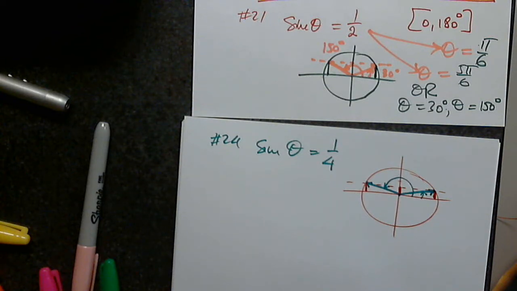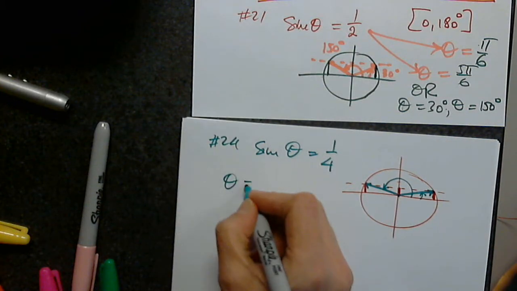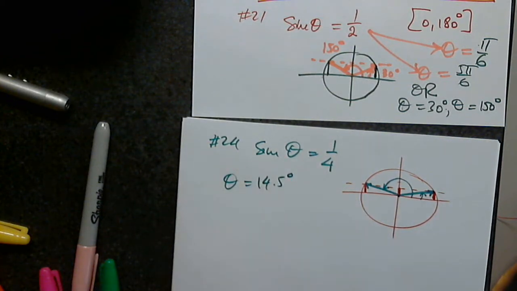I need a graphing calculator. I have no clue. There's no way I can determine this. So second, sine inverse of 0.25, and I get 14.5 degrees. So if theta equals 14.5 degrees, how do I determine the other one?